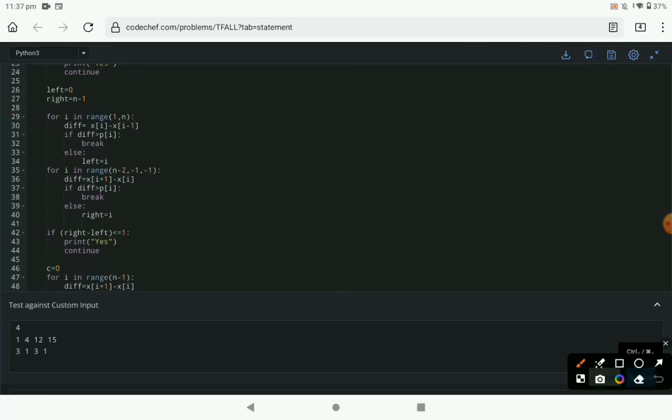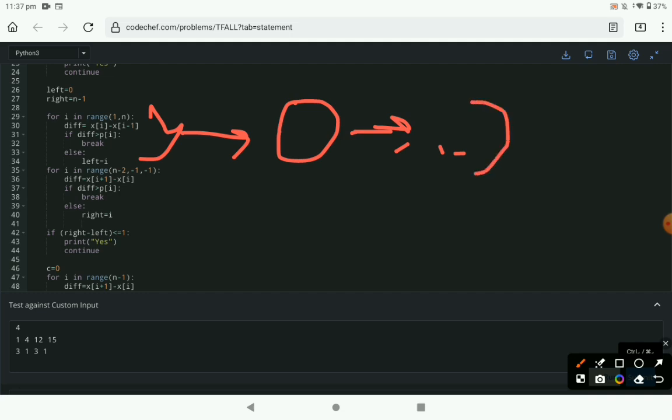Then the next one. In this one, the ball comes from the leftmost direction, and it meets another ball, and that ball activates all the balls.